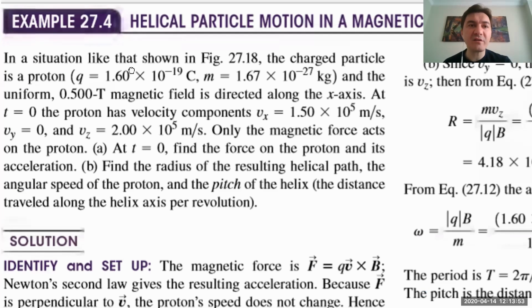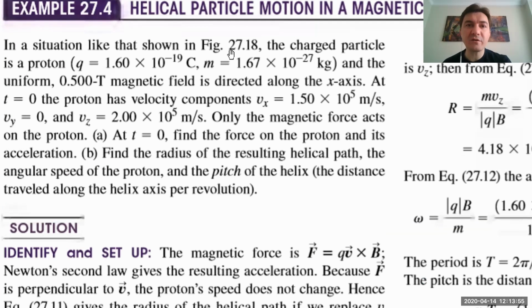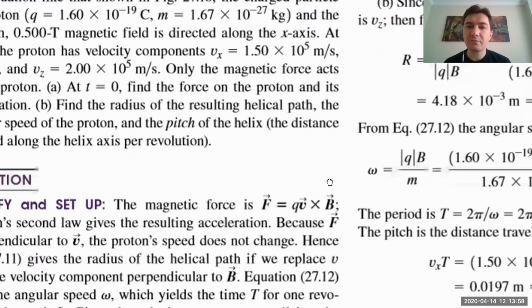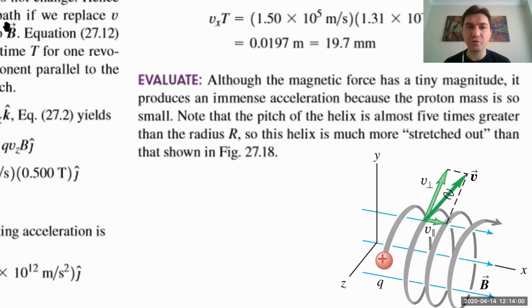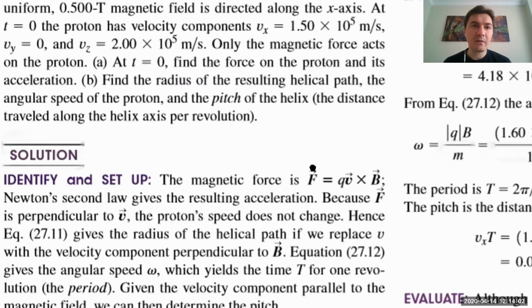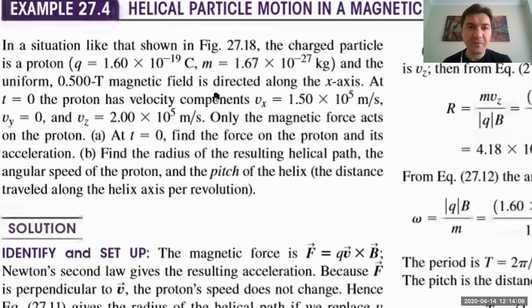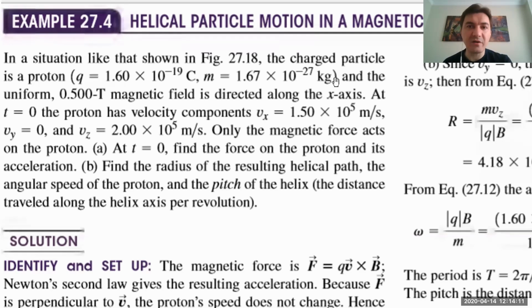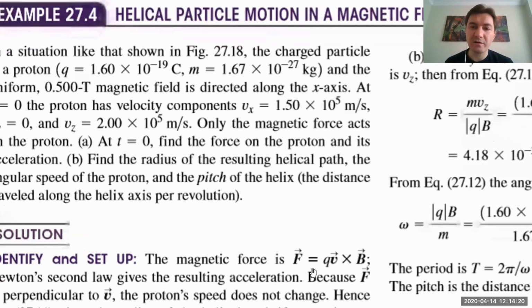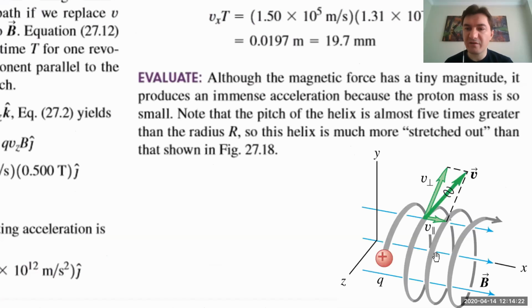In a situation like that shown in figure 27.18, like helical motion, the charged particle is a proton, positively charged, charge is given, and mass is given, and a uniform 0.5 Tesla magnetic field is directed along the x-axis.